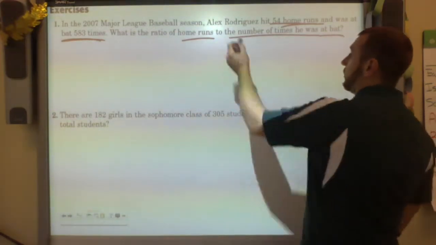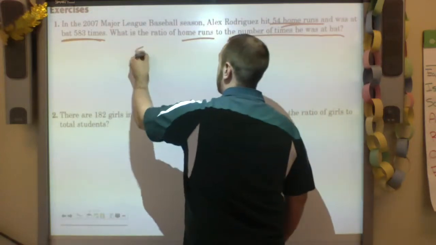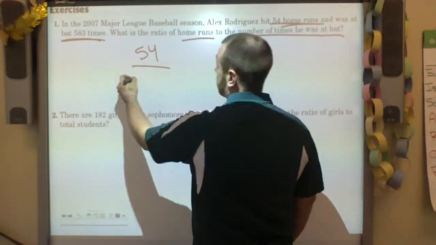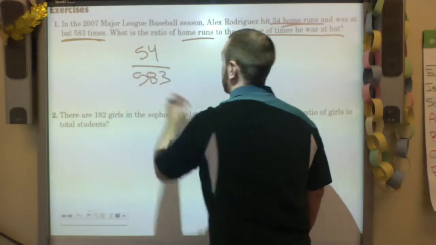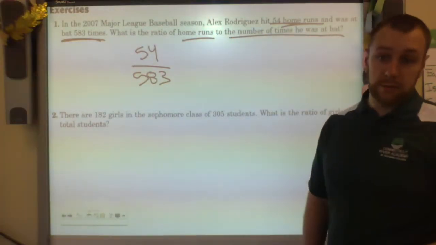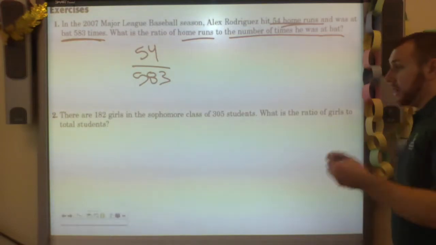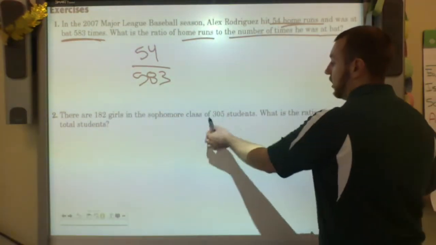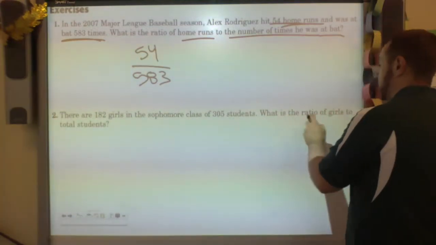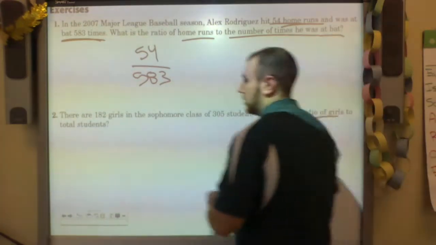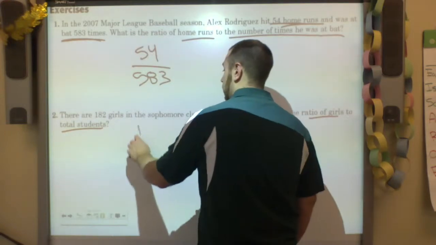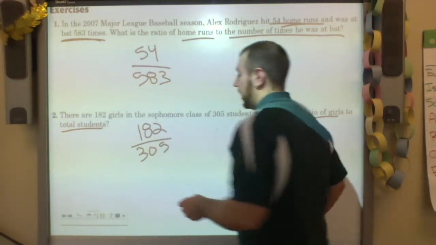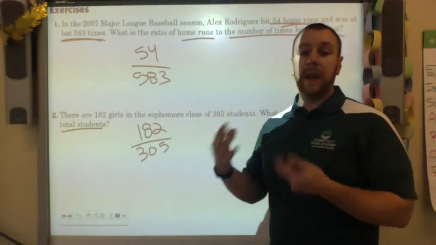Number of home runs goes on top, number of times at bat goes on bottom, and I'm done. Again, 182 girls in a sophomore class of 305 students. What's the ratio of girls to total students? 182 over 305. I can tell you both of these can't be reduced.